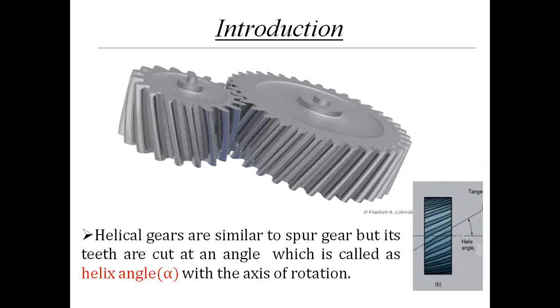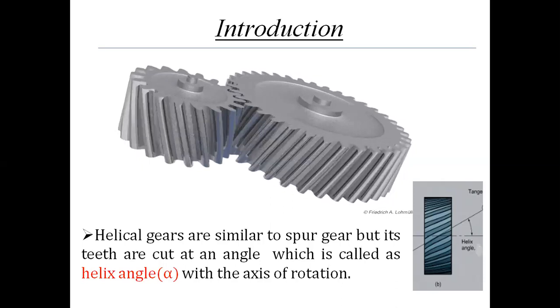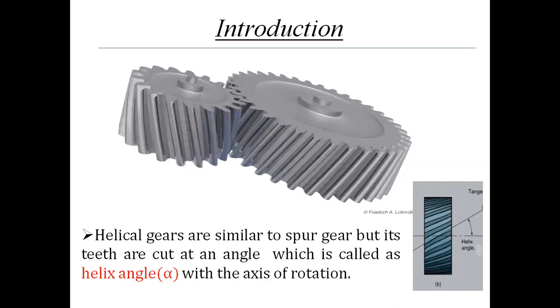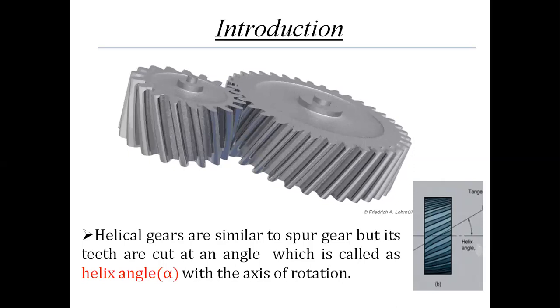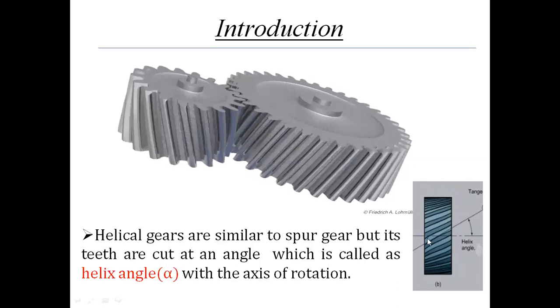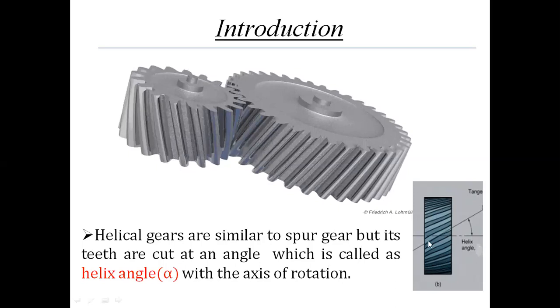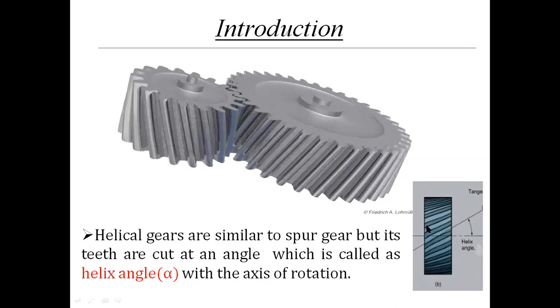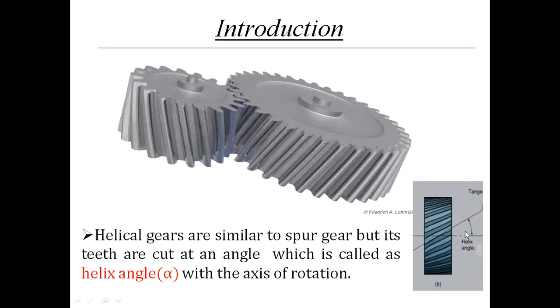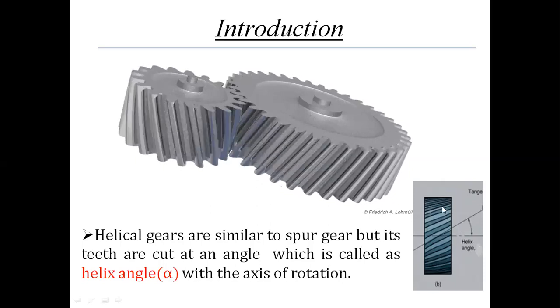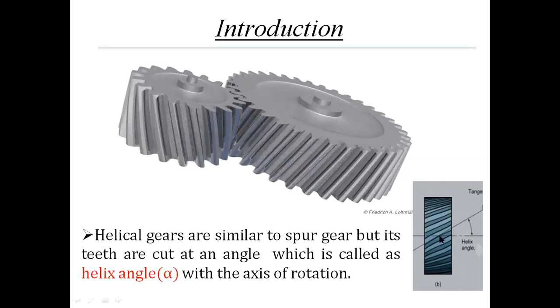Here you can see the teeth which are cut on the blank disc of the helical gear are not parallel to the axis of rotation as in the case of spur gear. Here, these are the teeth. These teeth are inclined to the axis of rotation.